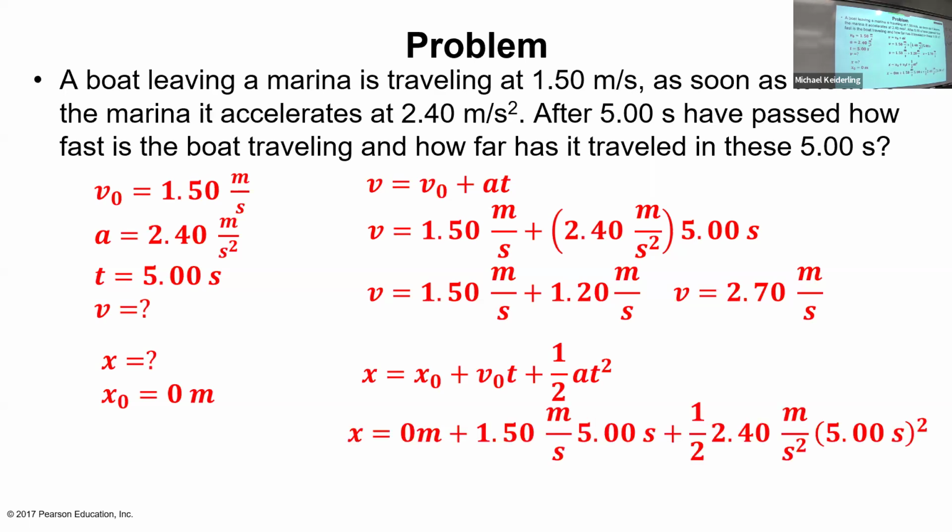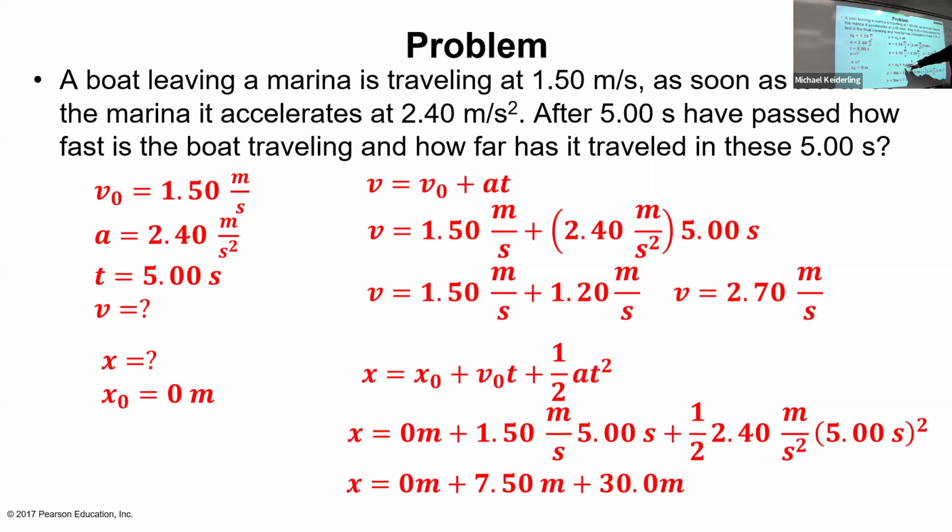If we plug in our numbers, that's 0 meters plus 1.5 meters per second times 5 seconds plus 1/2 times 2.4 meters per second squared times 5 seconds squared, which comes out to 0 meters plus 7.5 meters plus 30 meters.